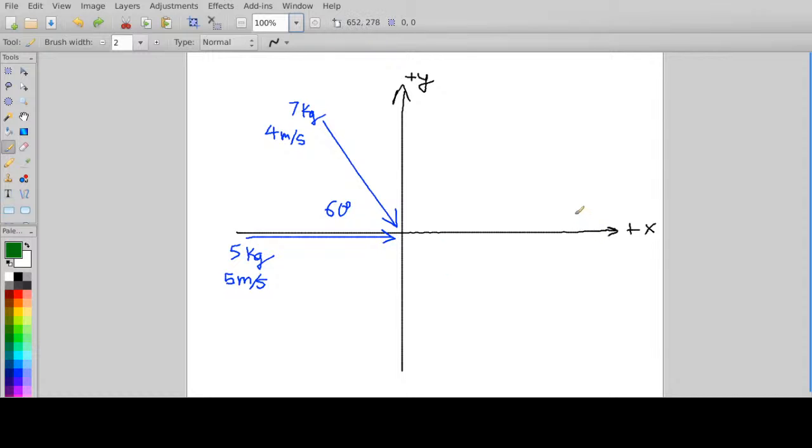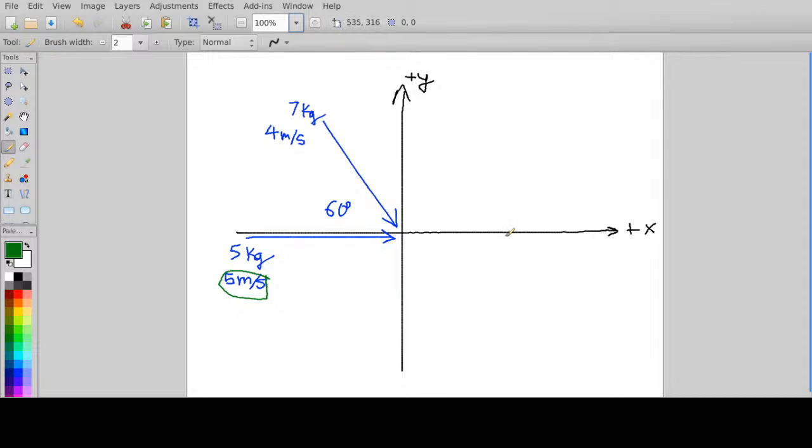Okay, all right, good. So now the trick to doing this is you got to split this velocity into x and y components, and you got to split that velocity into x and y components. Well, the velocity of 5 meters per second, that is this one right here, that one's easy to split into x and y. How come?